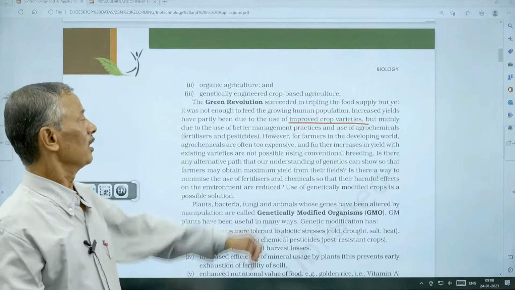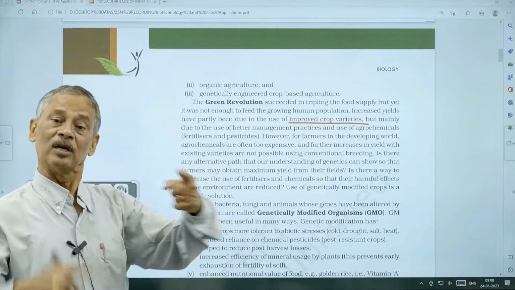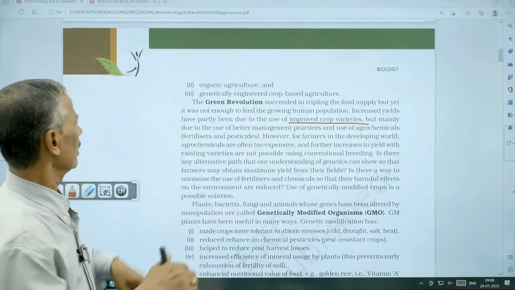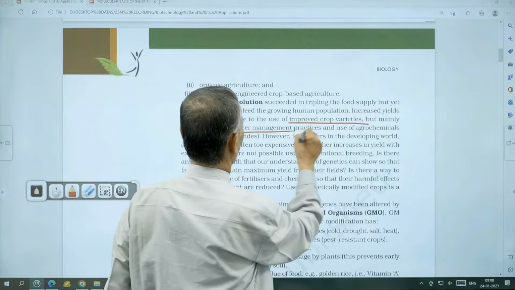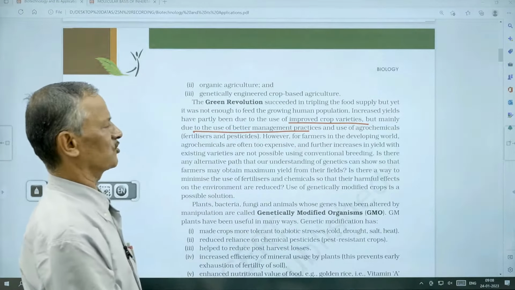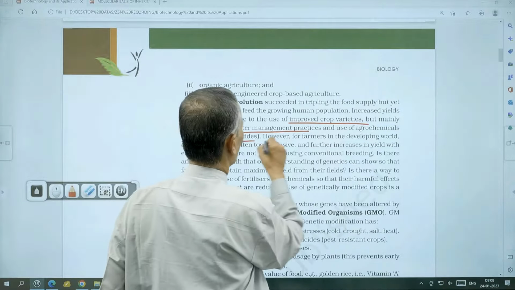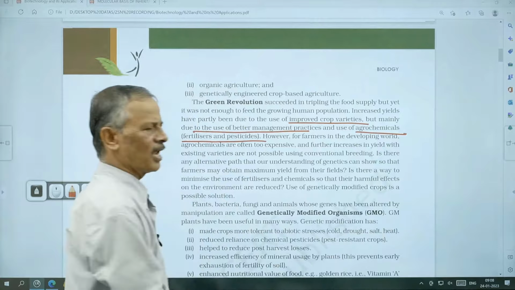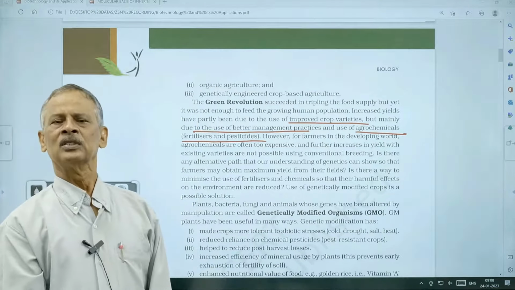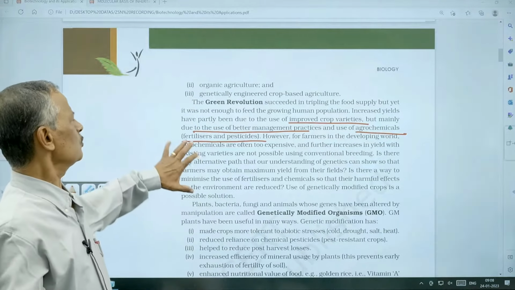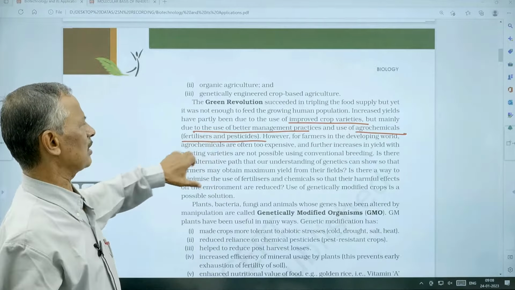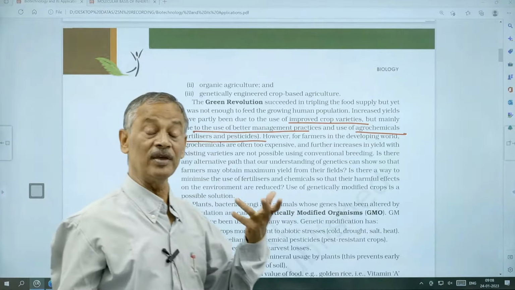How was the new improved variety produced? By hybridization. But mainly due to the use of better management practices. Three, because of the use of agrochemicals. So we have seen that we use a lot of pesticides and fertilizers, which are very, very costly.